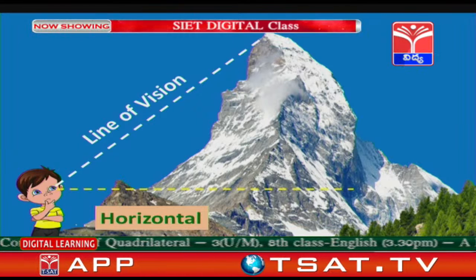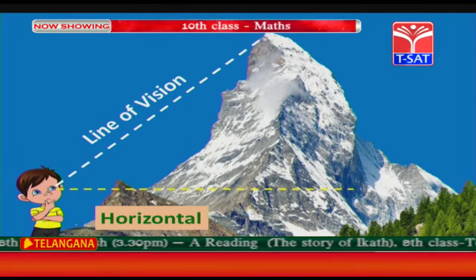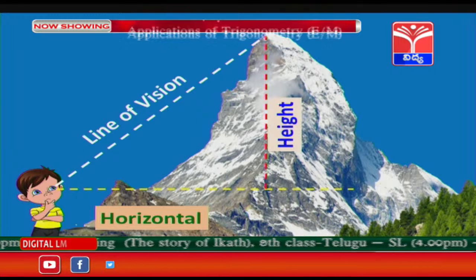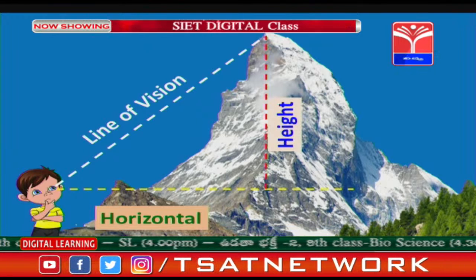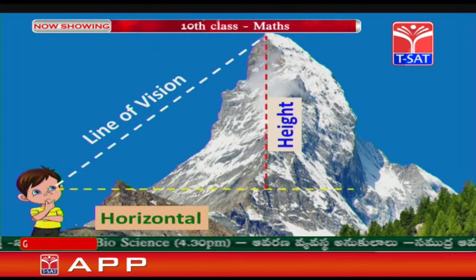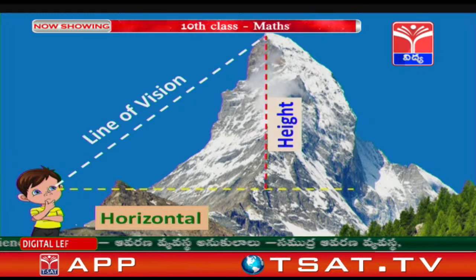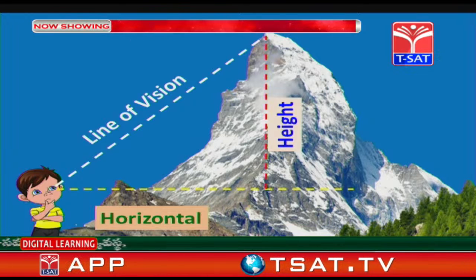Now, let me think the vertical measurement of that particular mountain is what we call height. Suppose I say that is height, you are able to see there are 3 lines, one is white, other one is yellow, the height is in red color. So, is it looking like a triangle or not?